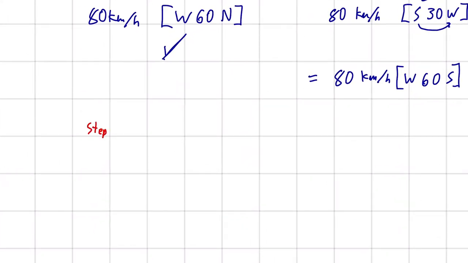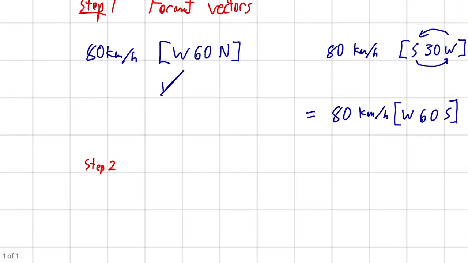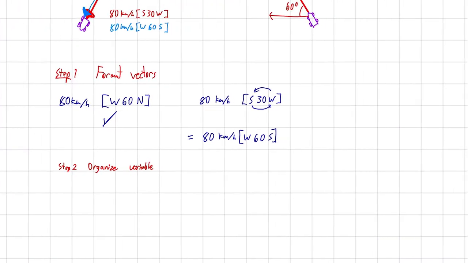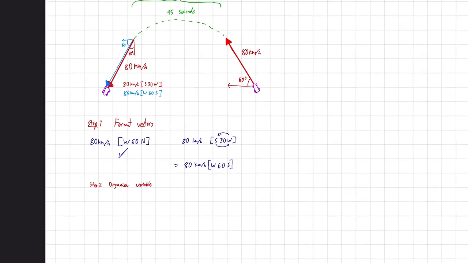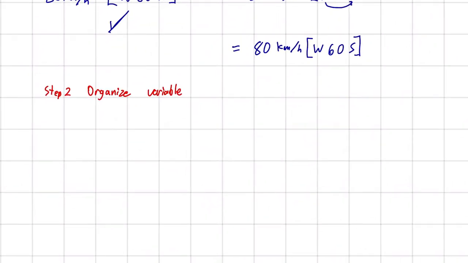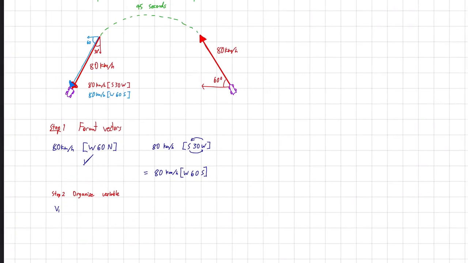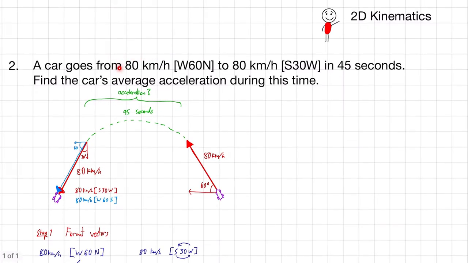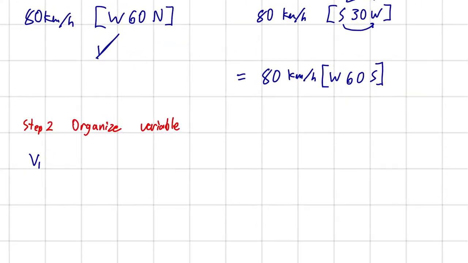So step 2, once we have our vectors formatted, is to organize our variables. We need to know what we're given and what we need to find. So what are our givens? We have a v1, and that is this first vector. So our v1 is 80 kilometers per hour in the direction west 60 north.